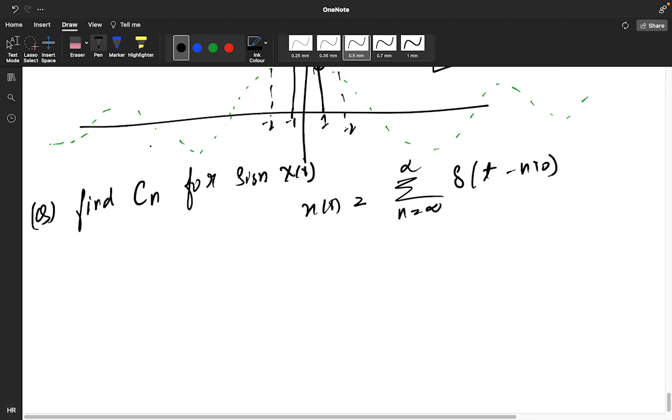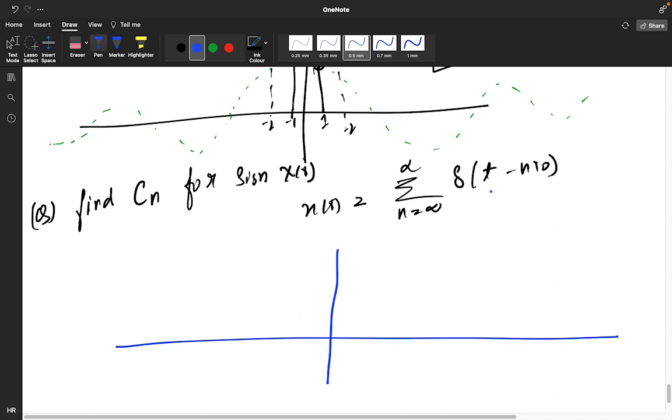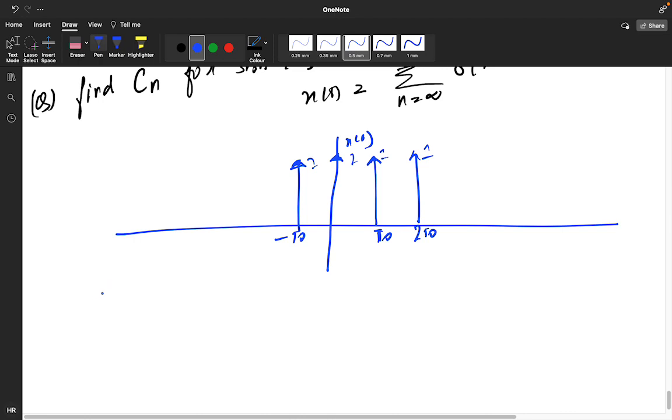Okay, so if you put these things in a graph, at t equal to 0, you will get one infinite function x of t. At n equal to 1, meaning at T naught, you are getting the infinite function, at 2 T naught you are getting the infinite function, at minus T naught you are getting the infinite function. So this is your infinite value, but the area is 1. Area is 1.